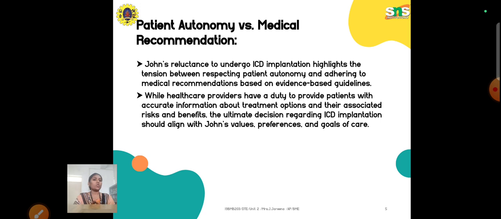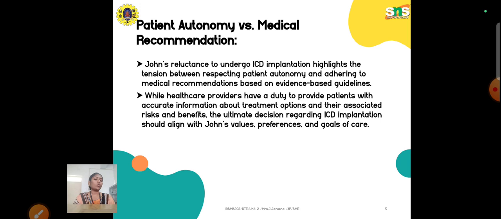So first, we know John is very reluctant to undergo the ICD implantation, expressing concern and worrying about how it will affect his day-to-day life. But as healthcare providers, the doctor's duty is to provide the patient with accurate information about treatment options and their associated risks and benefits too, right?